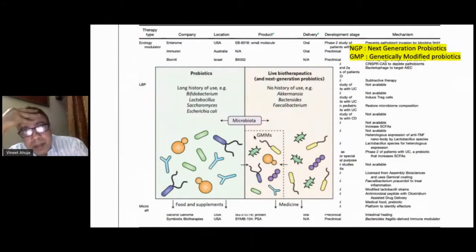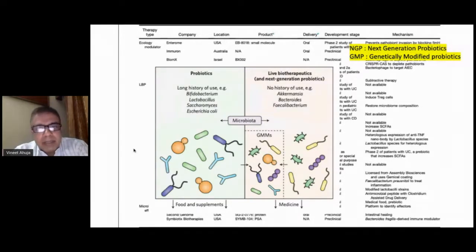Finally, I feel that the field of FMT is soon going to give way to what are known as next generation probiotics or the live biotherapeutics. In the background is a table which shows around 10 trials which are already taking place, phase 1, phase 2, preclinical trials, whereby these are trials for live biotherapeutics or metabolite-based capsules.